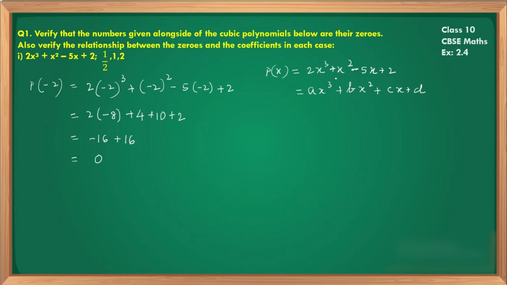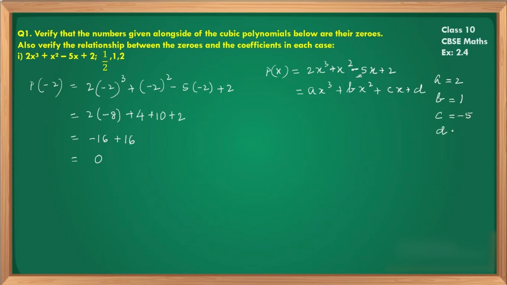Now, the values of a, b, c, d can be had like this. a is the coefficient of x cubed, and in the given question it is 2. Therefore, a is equal to 2. And b? b is equal to 1, in front of x square we have 1 as a coefficient. Now c. c is minus 5. Here you can see minus 5.